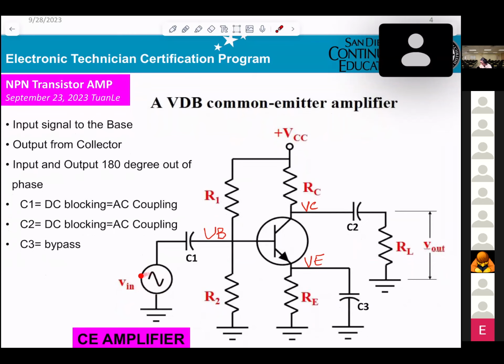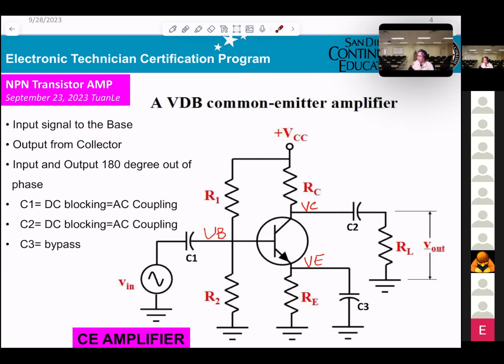Okay, now this is the input here. That means when you're working in the lab, that will be a generator applied to the base. Output from the collector. Input and output will be 180 degrees out of phase.